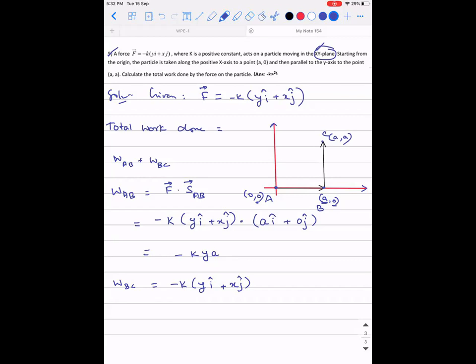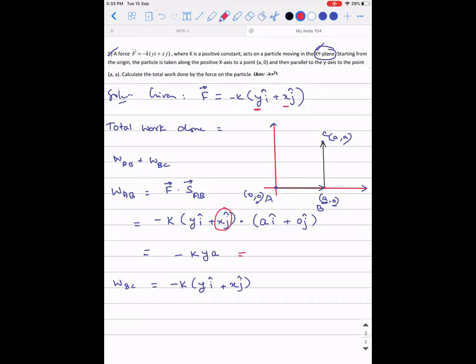Here x and y stand for the x and y coordinates. The particle has moved from A to B, so what values of y and x do I substitute at point B? For y it should be 0 and for x it should be a. So the y component should be 0. To confuse you, they have given x as the coefficient for the y component.